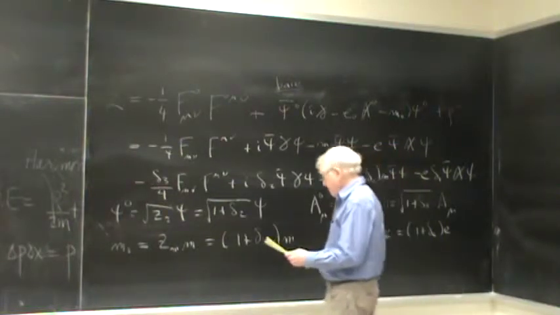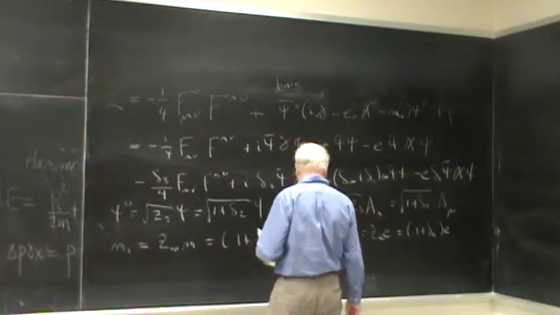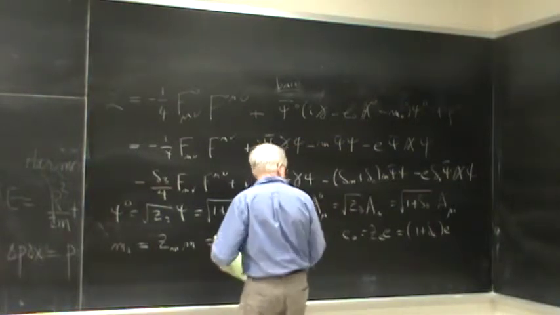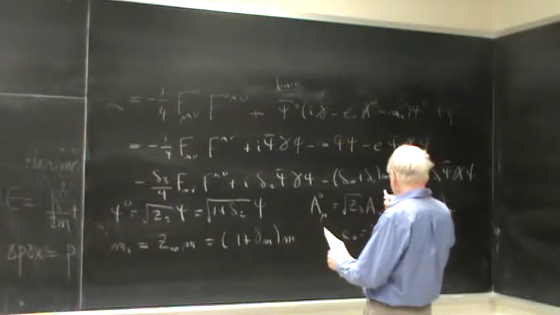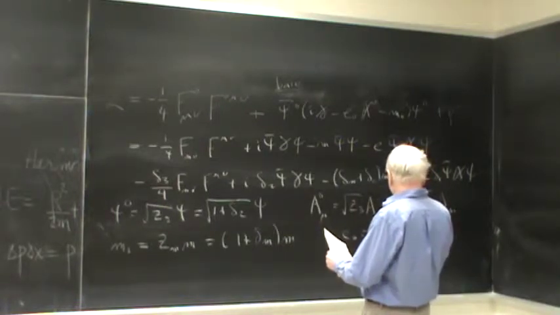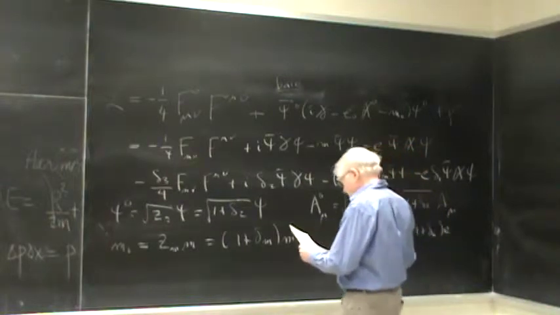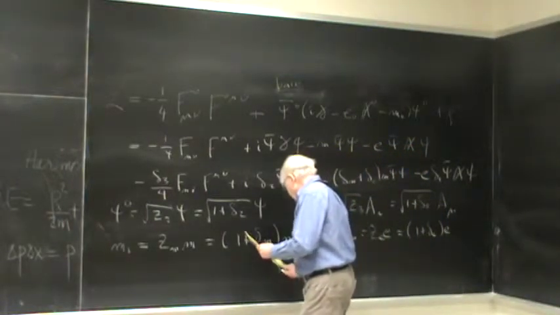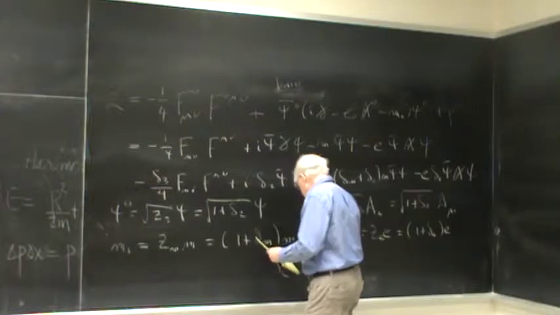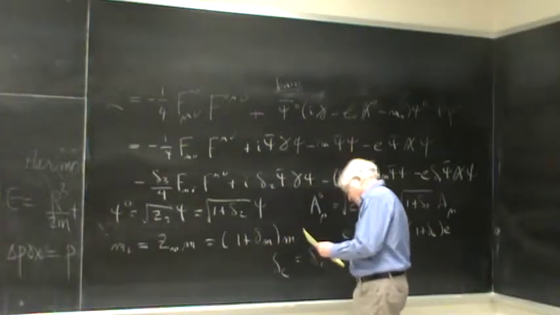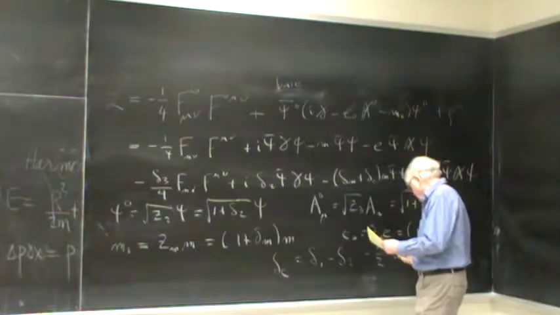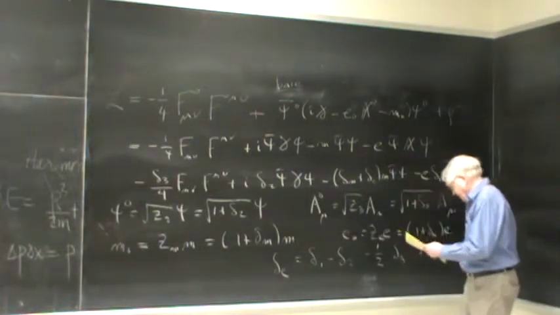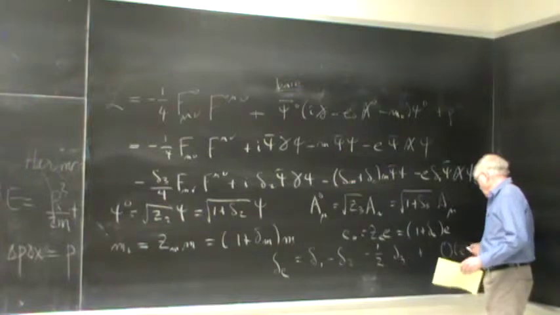Let's see, let me see if I've got all these terms. We have delta 2, delta 3, delta m, and delta e. So 4 numbers. And it turns out that delta e is delta 1 minus delta 2 minus a half delta 3 plus order e to the 4th.